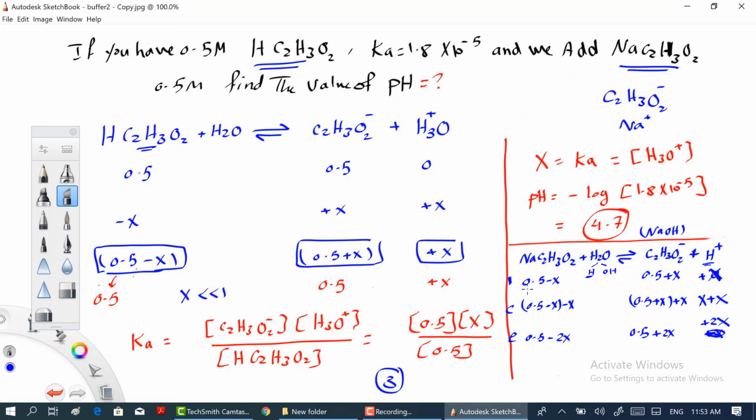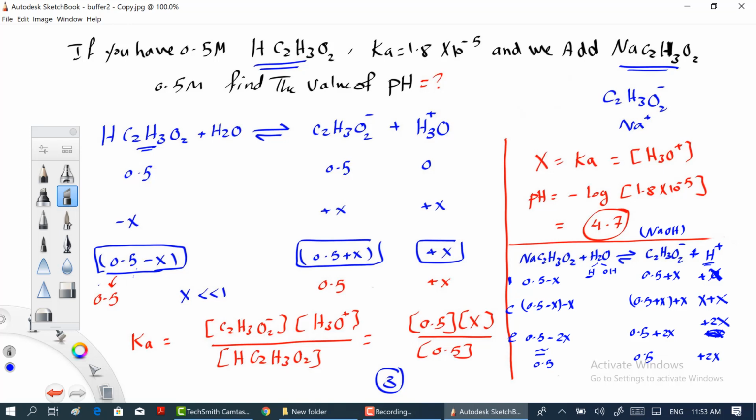We start with 0.5 subtract x because the final concentration in this stage will be the initial concentration for the second stage. Also 2x is very small, so 0.5 subtract x will be 0.5, and the other 0.5 plus 2x is also 0.5.